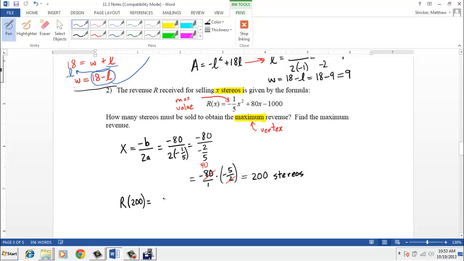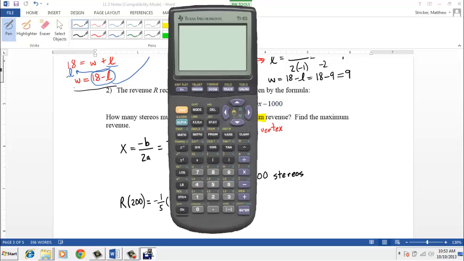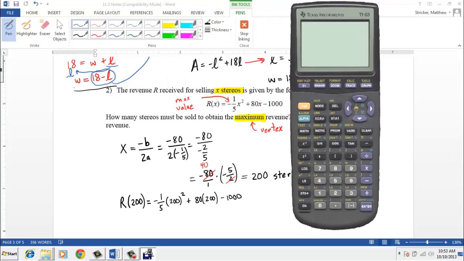We're just going to go ahead and plug 200 back in. We have negative 1/5 times 200 squared plus 80 times 200 minus 1000. Go ahead and plug that in.